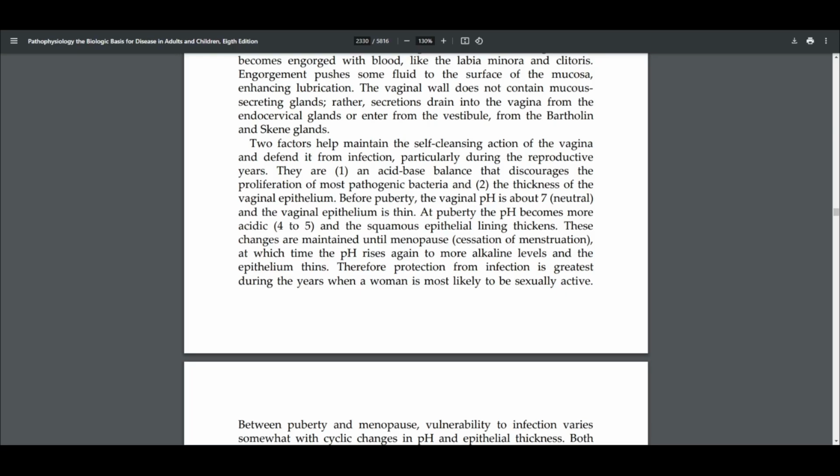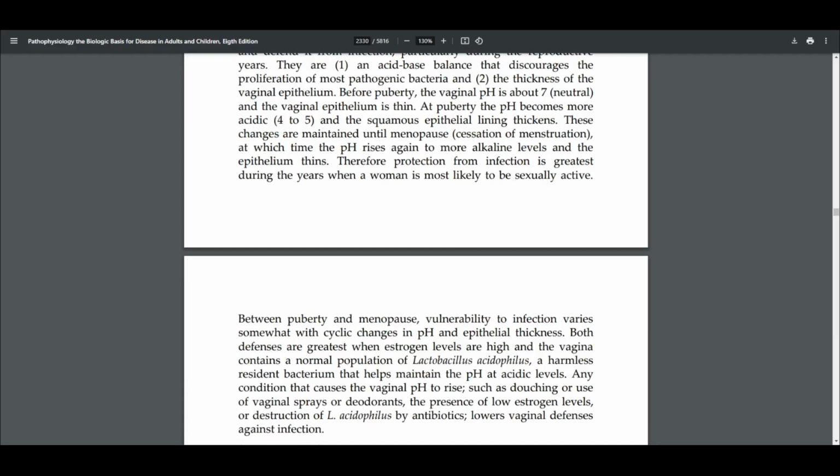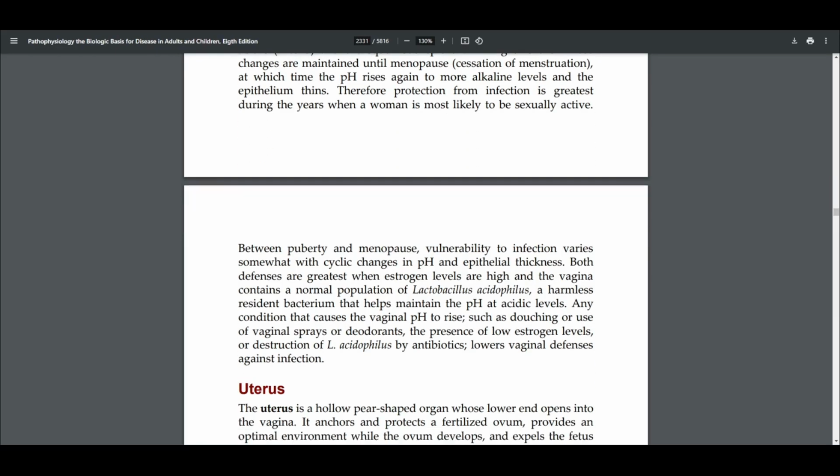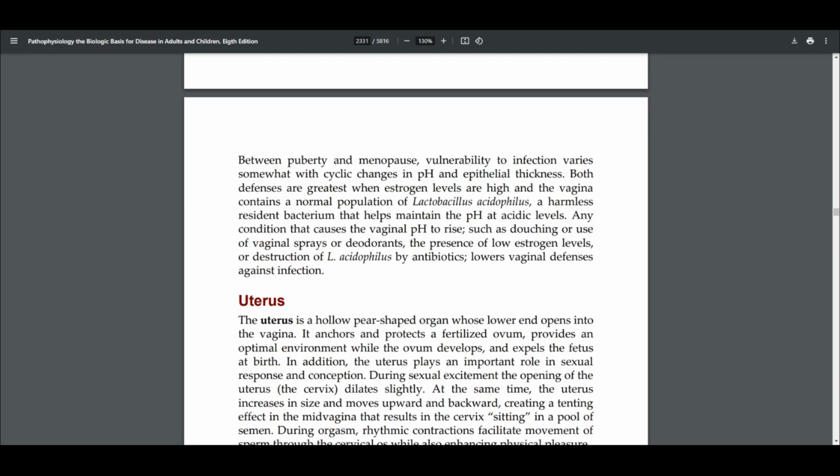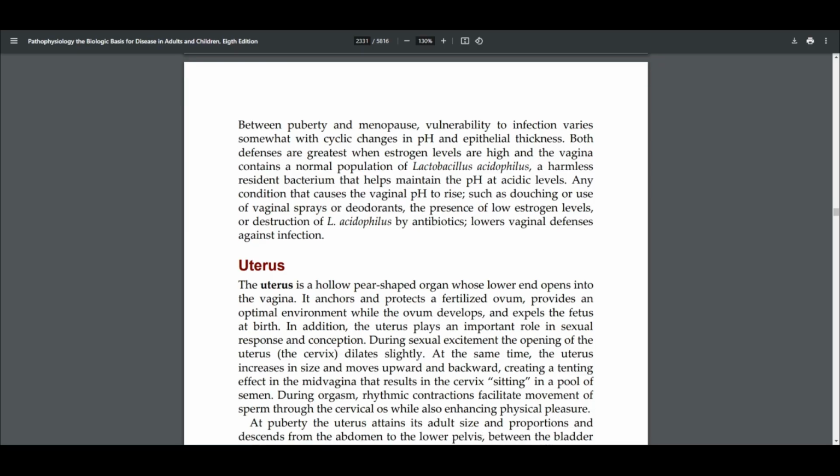Therefore, protection from infection is greatest during the years when the woman is most likely to be sexually active, between puberty and menopause. Vulnerability to infection varies somewhat with cyclic changes in pH and epithelial thickness. Both defenses are greatest when estrogen levels are high and the vagina contains a normal population of Lactobacillus acidophilus, a harmless resident bacterium that helps maintain the pH at acidic levels.